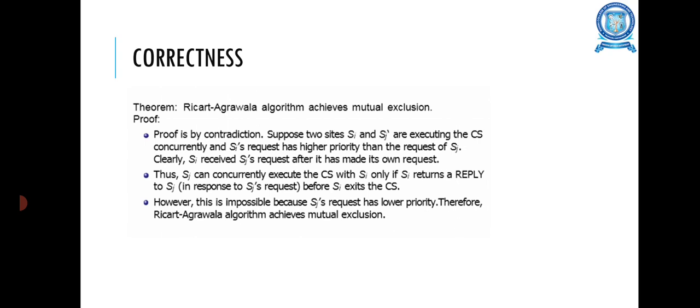Thus, Sj can concurrently execute the critical section with Si only if Si returns a reply message to Sj before Si exits the critical section. However, this is impossible because Sj's request has the lower priority. Therefore, the Ricart-Agrawala algorithm achieves mutual exclusion.